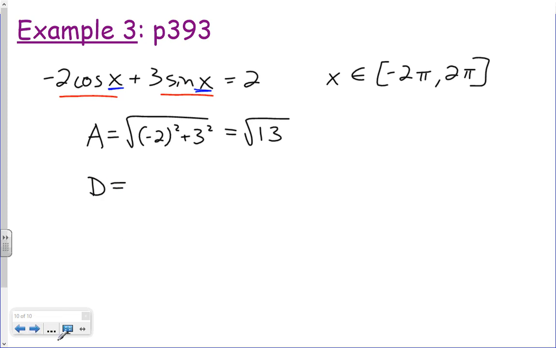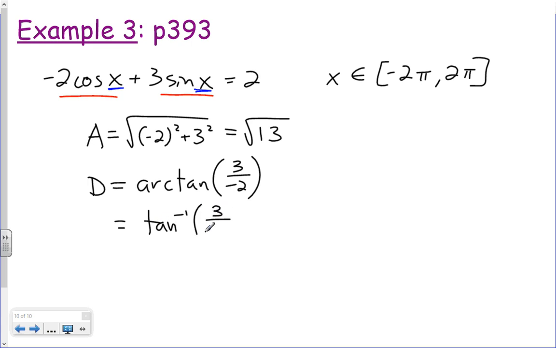You can start out by saying tangent of D is equal to whatever, or if you want to jump right to the arc tangent. And in fact, if you even want to jump right to the tangent inverse plus the pi n, you can jump to that as well. But we have arc tangent of 3 over a negative 2. And that, of course, is equal to tangent inverse of 3 over a negative 2 plus pi n.